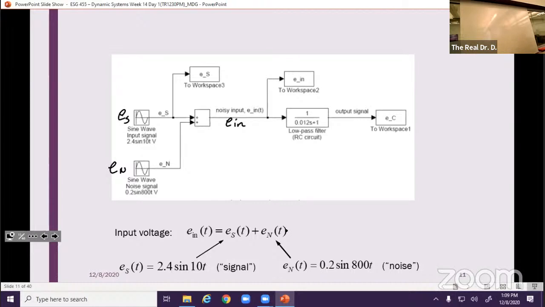So I'm going to add ES plus EN to get E in, and then I'm going to run that through my transfer function, 1 over 0.012s plus 1. And the output's going to be E sub c. That's just what our model showed.